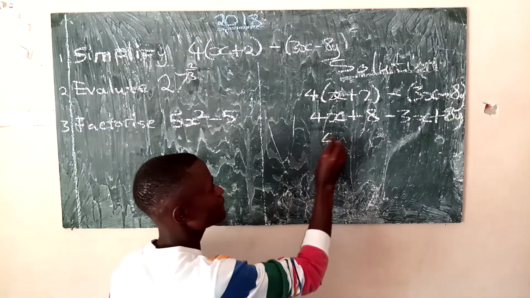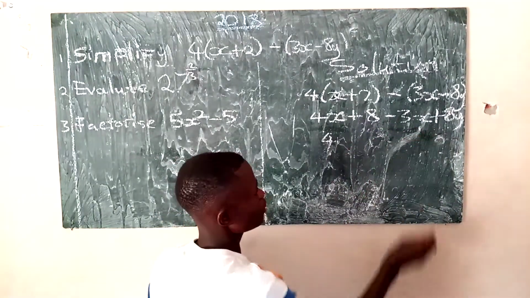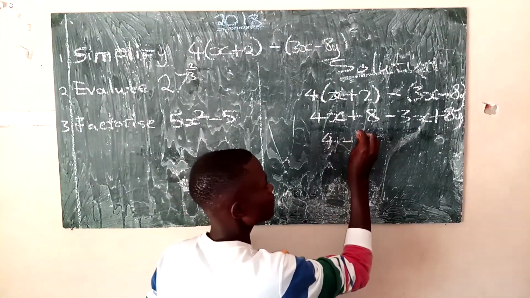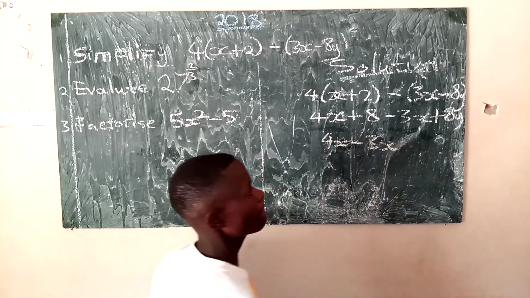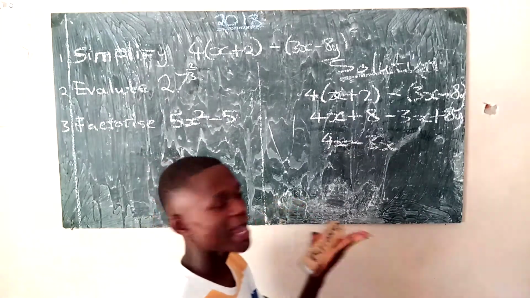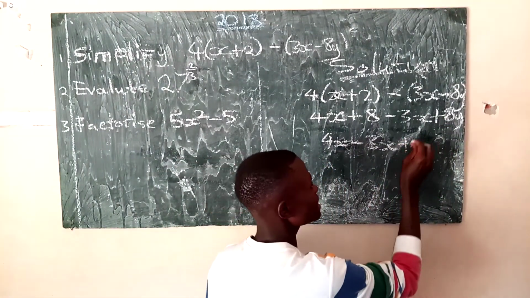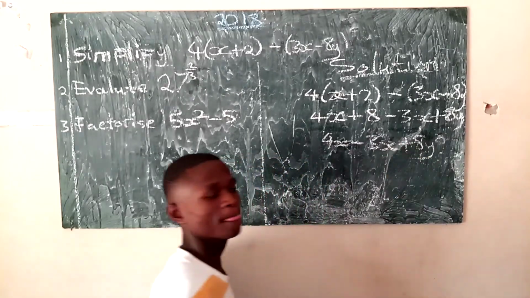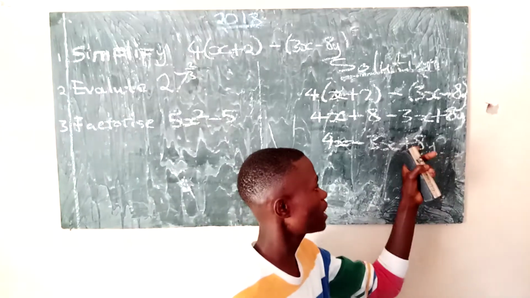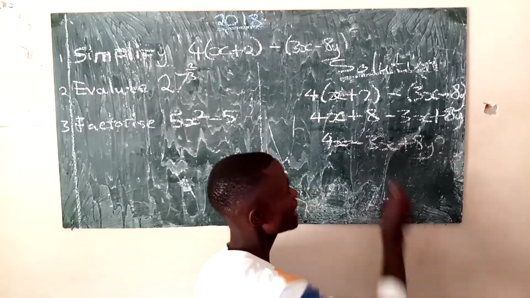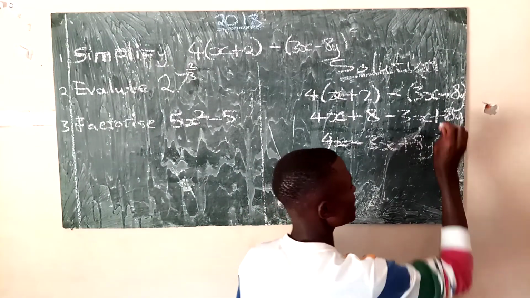This 4x, we'll combine with this 3x: 4x minus 3x. And those that contain y, which is plus 8y. And this one which is only independent, which is 8.